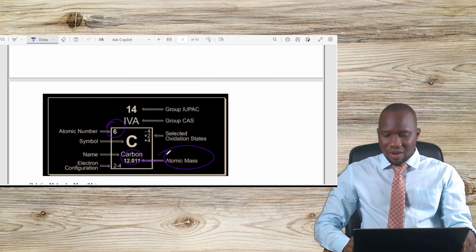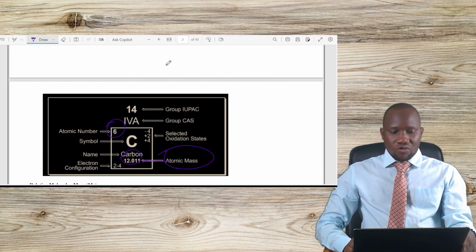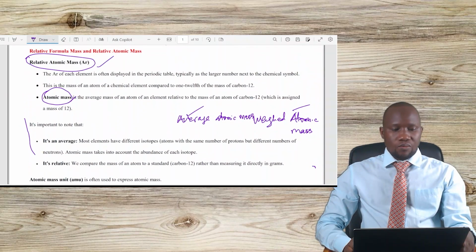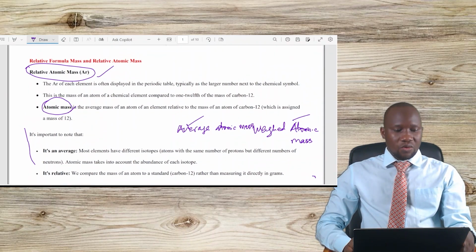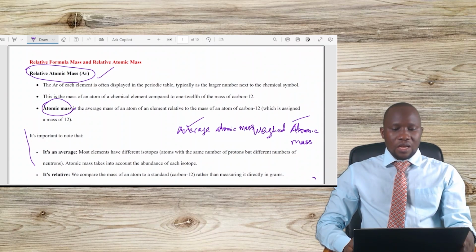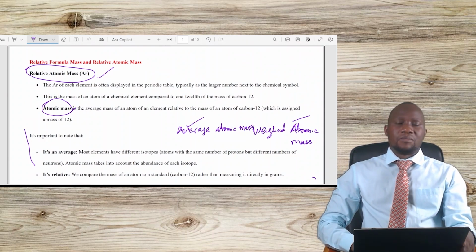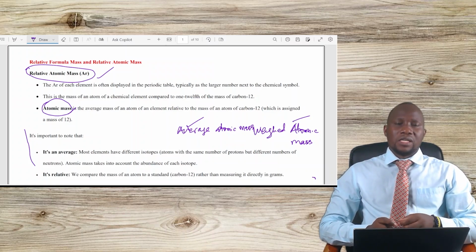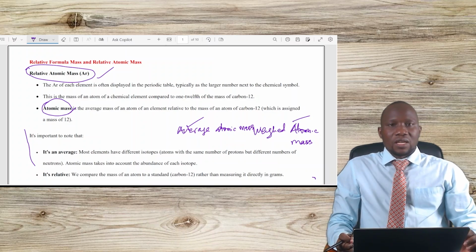So what is atomic mass? To understand what atomic mass is, we need to first of all know that an atom is actually very, very small. So determining its mass is actually difficult.